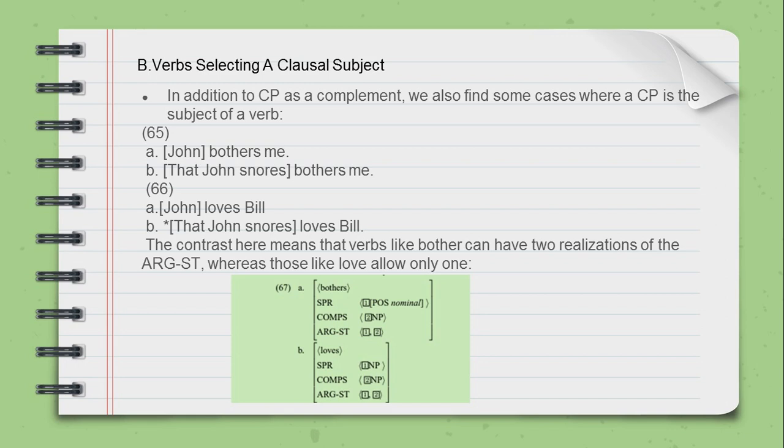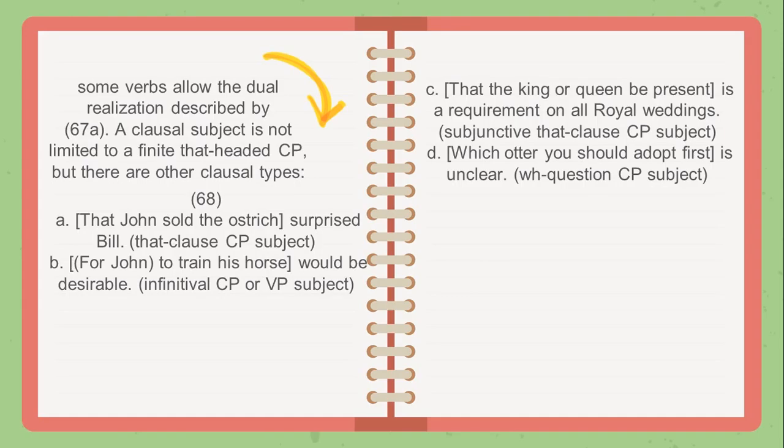These different realizations all hinge on the lexical properties of the given verb, and only some verbs allow the dual relationship described. A clausal subject is not limited to a unit that is a CP, but there are other clausal types. A. That John sold the ostrich surprised Bill. That-clause CP subject.